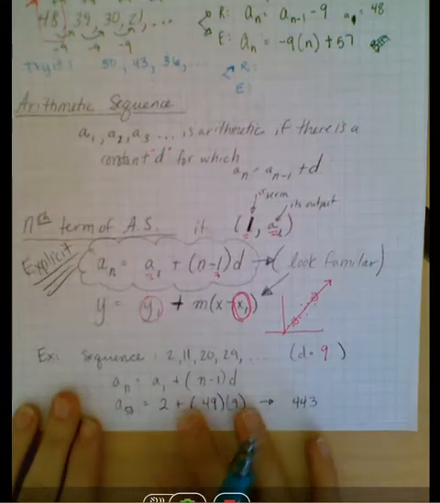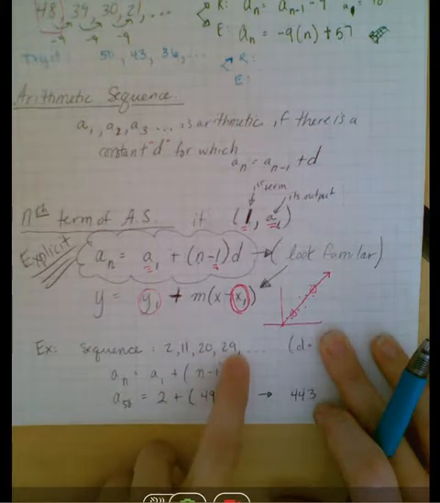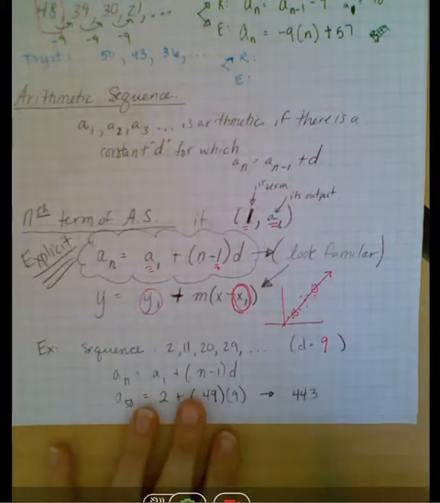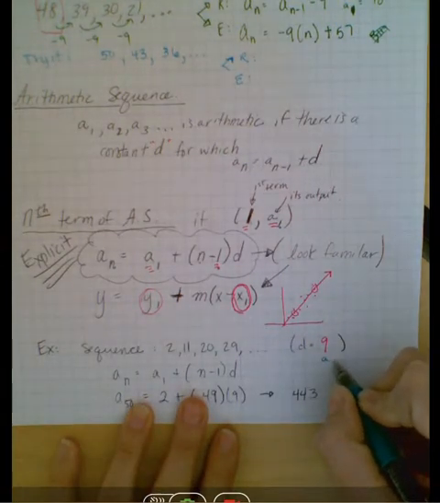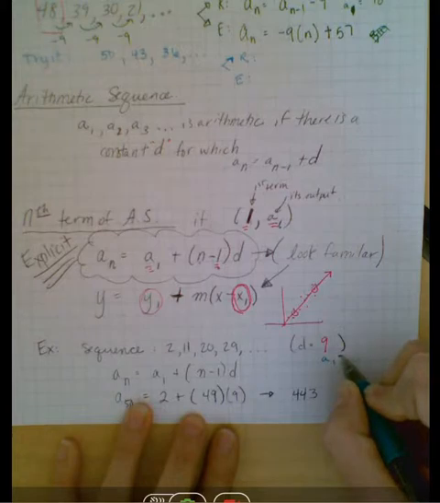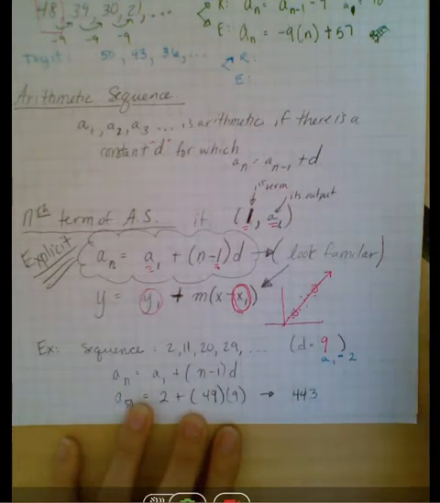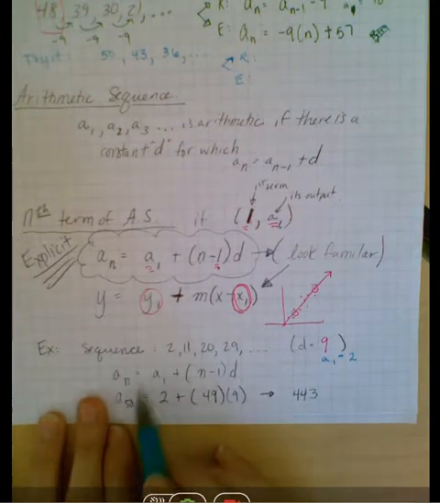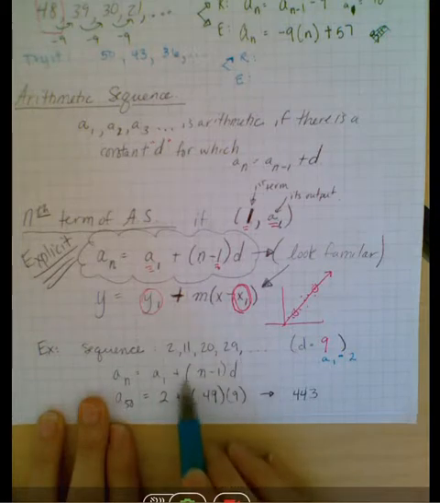So here is an example. Our sequence is 2, 11, 20, 29. So d, my common difference, equals 9. My a sub 1 equals 2. Okay. So a sub n is going to equal a sub 1 plus the quantity n minus 1, multiplied by d.